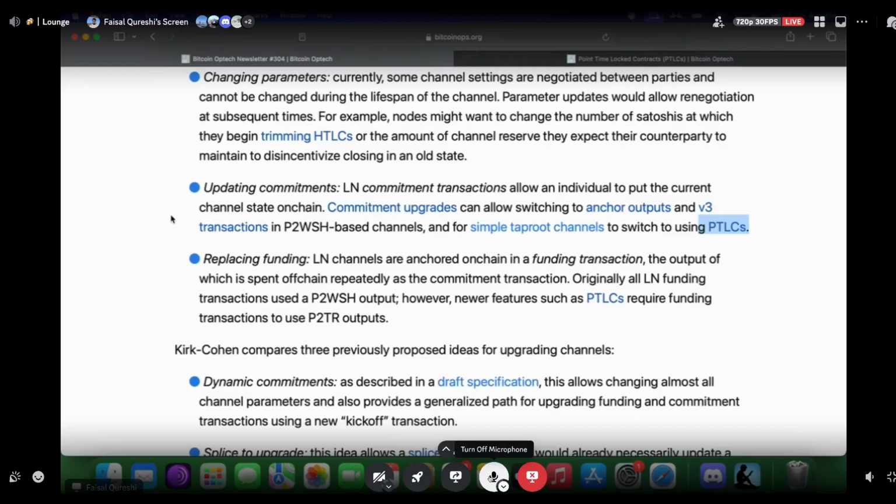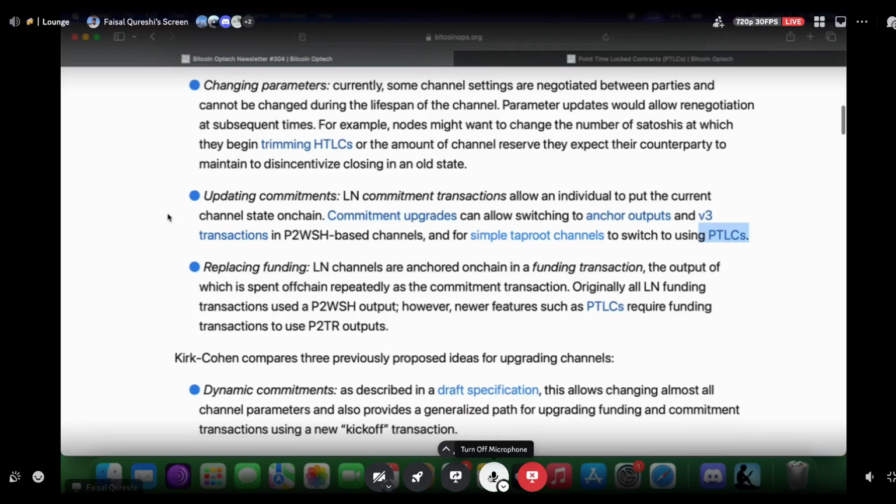Here as well, in HTLCs we make use of hash operations: you have a secret, you put that secret through a hash function, and you get a hash digest. The recipient sends that hash digest to the sender. Then, to redeem the funds, the recipient has to produce the pre-image, the secret which was passed as an input to the hash function. So this is slightly analogous. There we were moving from hash functions to points on the curve; here also we are moving from hash functions, that is HTLCs, to points on the curve.